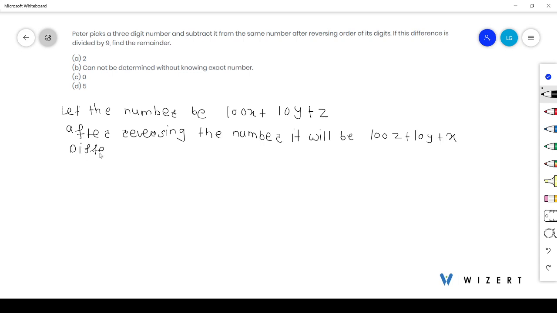So the difference of the number, that original number, we considered it as 100x plus 10y plus z, and after reversing it is 100z plus 10y plus x.